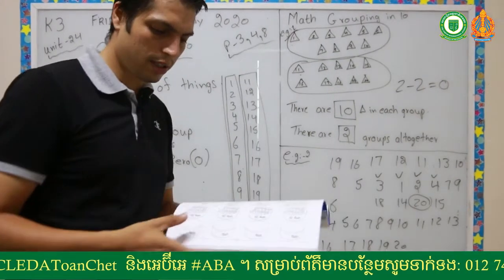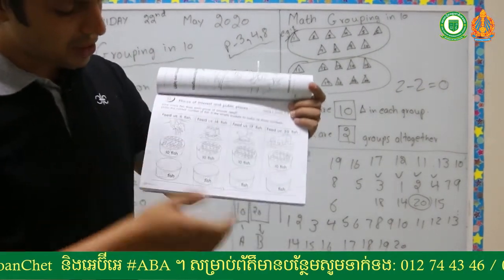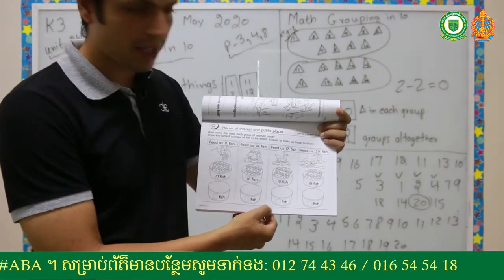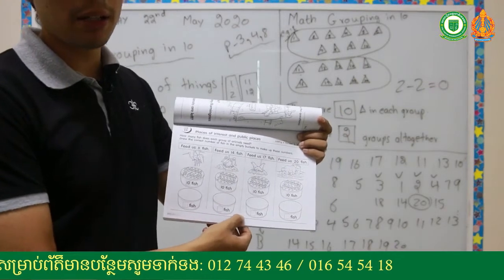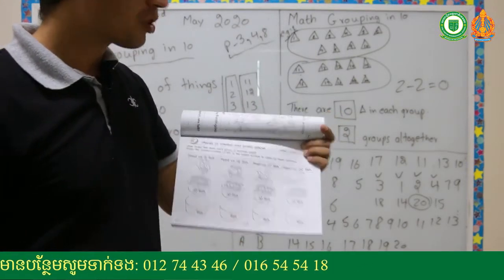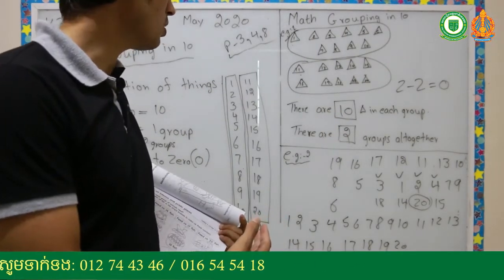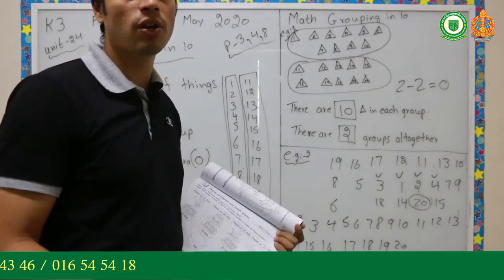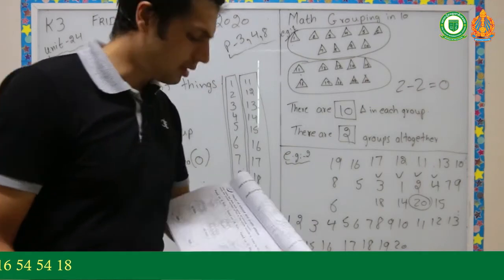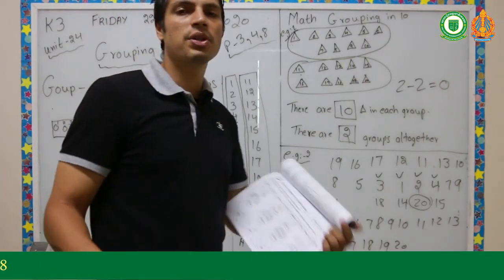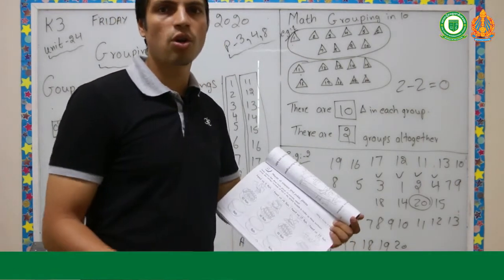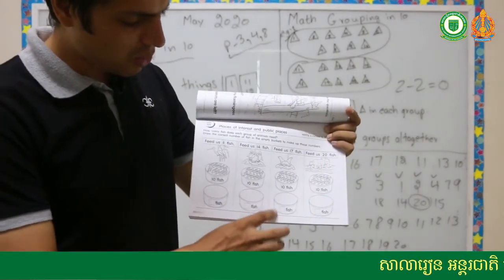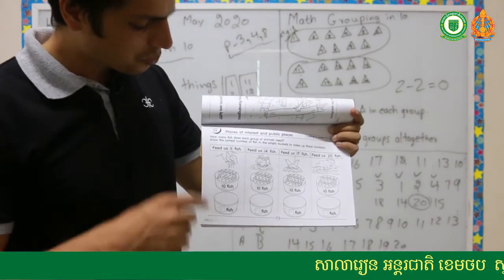Second homework is on page number 9. I'm not writing it on the board, so you watch this video very carefully, then you will know your homework. Otherwise I will drop a message to let you know what your homework and tasks are.